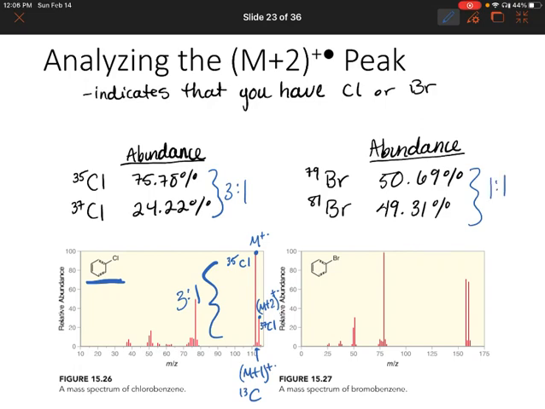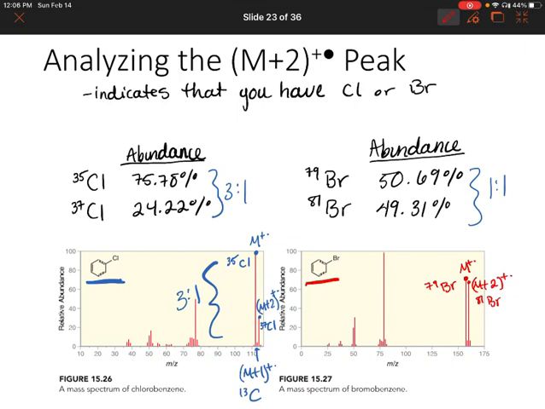And if we look at figure 15.27 down below, our molecule has bromine in it. If we go to the rightmost cluster, we see our parent peak, and that is due to bromine 79. Then 2 over from that is our M+2 peak, and that's due to bromine 81.